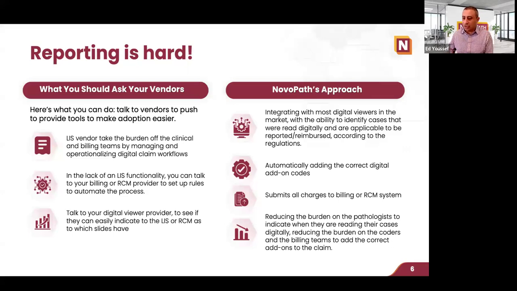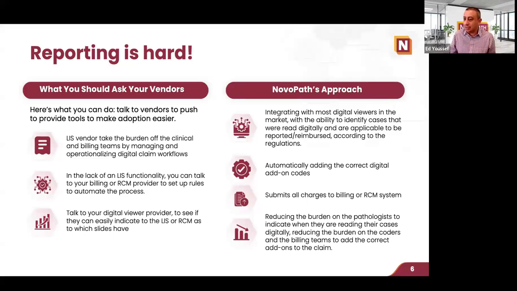I would encourage every lab administrator today or a pathologist running a lab to talk with your providers. They're your partners. Ask them how they can help you with reporting. We believe that every LIS should be able to assist and help their labs in integrating with either the digital viewers or the RCM systems. Our goal is not just to help our partners, but also to make sure that the industry, the market itself, is moving forward.